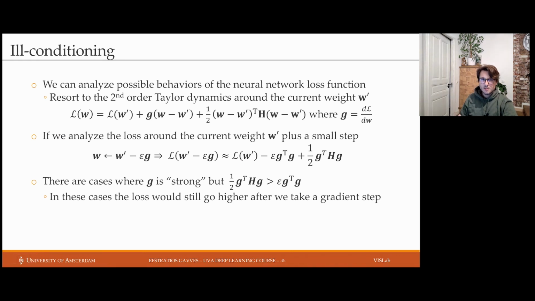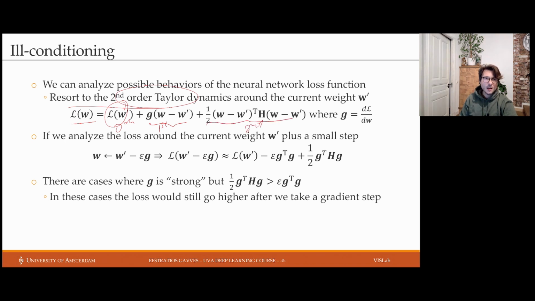So what do I mean by ill conditioning? We can generally understand and analyze possible behaviors of our neural network and its loss function by studying its Taylor expansion. If we go up to the second order Taylor terms, we obtain here the 0th degree term, here the first Taylor term, and here the second Taylor term.